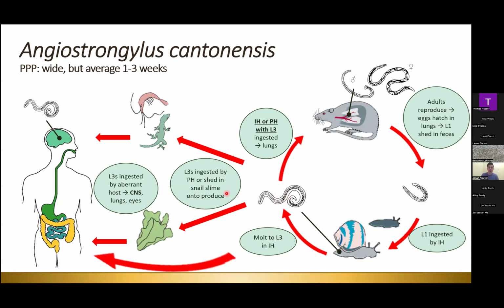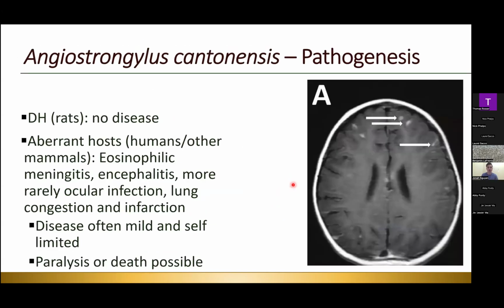And then the gastropod either sheds slime onto produce, and that contaminated produce is ingested by humans, or a paratenic host ingests this L3, and then a human ingests the L3 within the paratenic host. So kind of complicated. The point is the human ingests an L3 developmental stage in some way, and that's how they get infected. They couldn't just eat a rat and get infected. It would have to be at an L3 stage. Anyway, kind of technical, not really that important actually for this discussion.